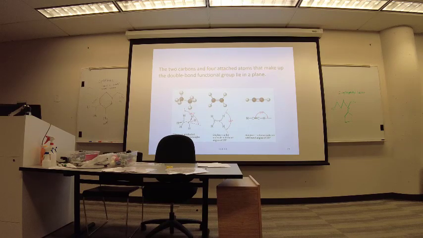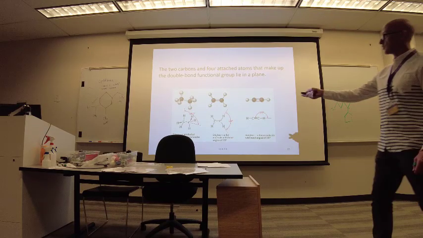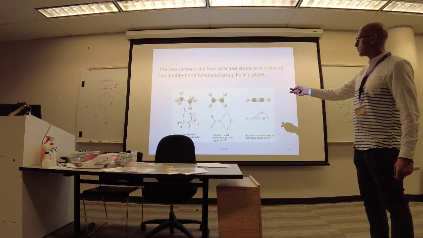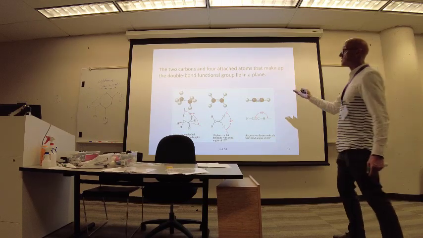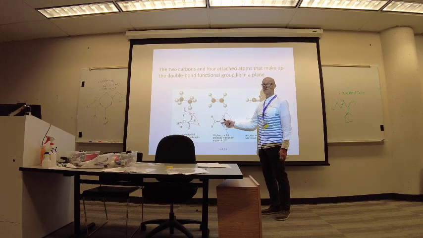But here's what you know. I've shown you a lot of these tetrahedral shapes, but once you get this, these are all 120s. It's flat. Literally, this is the correct geometry as drawn.